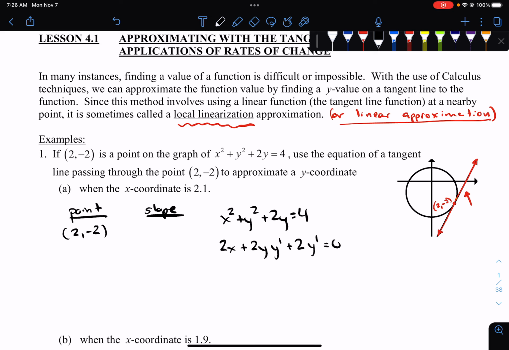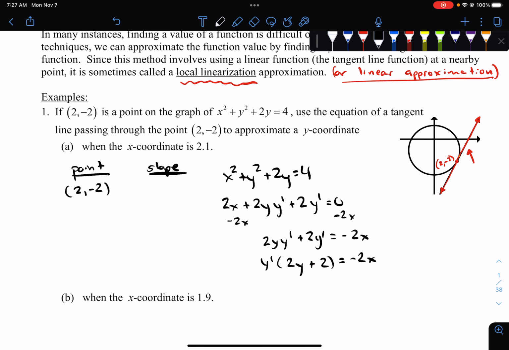I want to get y prime alone, so I'm going to subtract 2x from both sides, and I get 2y y prime plus 2y prime equals -2x. And I'm going to factor out the y prime. So y prime times (2y plus 2) equals -2x. Divide by the 2y plus 2.